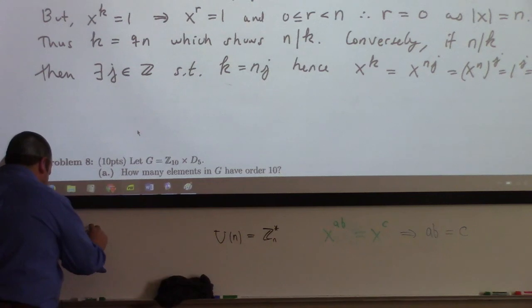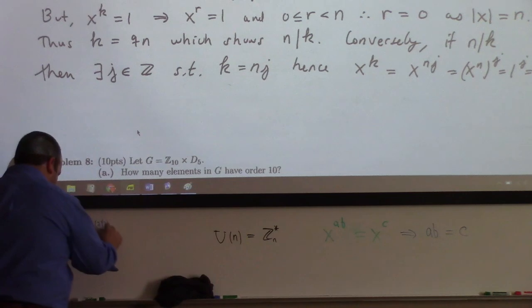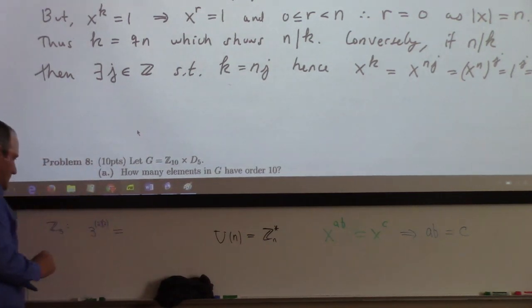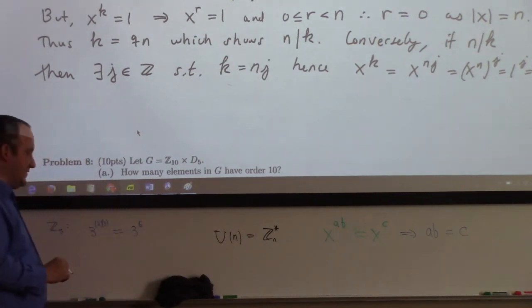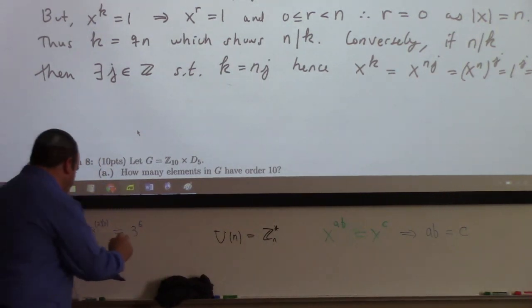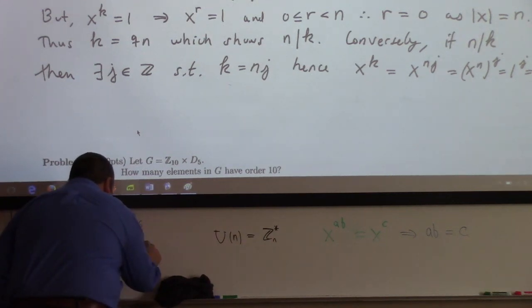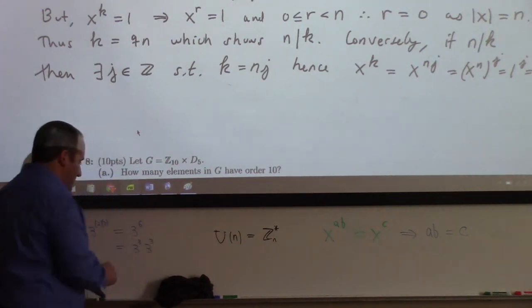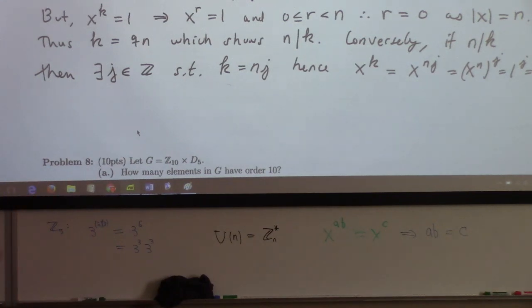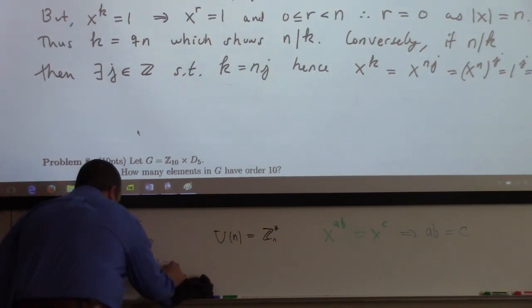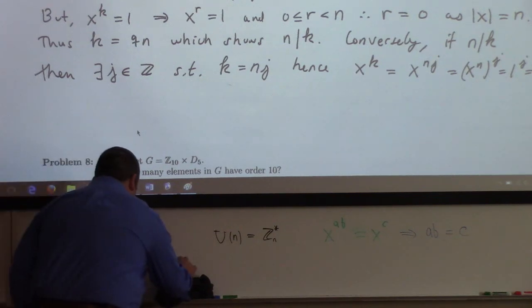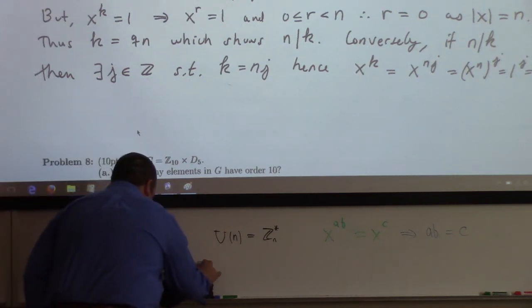So let's see here. 3 to the 2 times 3 is equal to what? 3 to the 6th, right? Which is what, mod 5? 3 to the 3 plus 3 is 6, which is 27 times 27, which is 2 times 2, which is equal to 4.